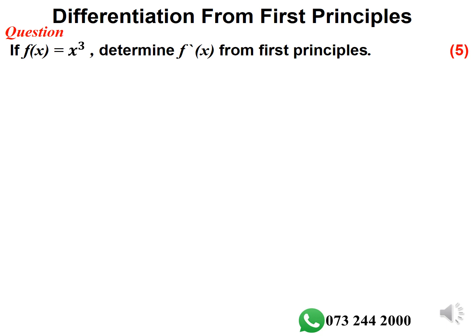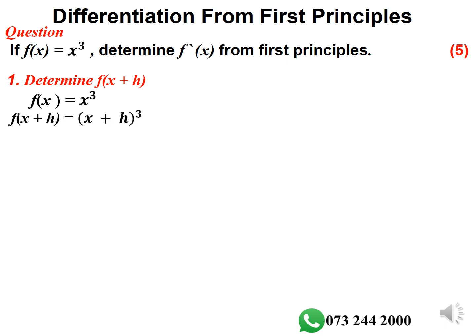So first of all, you need to calculate the value of f of x plus h. f of x is equal to x cubed. So x plus h simply means in this expression, you remove x and replace it with x plus h, such that x cubed becomes (x plus h) cubed.